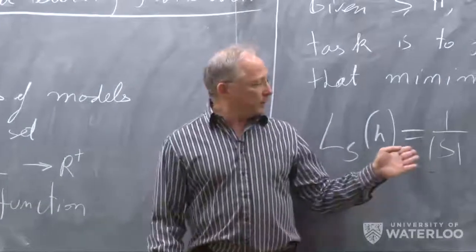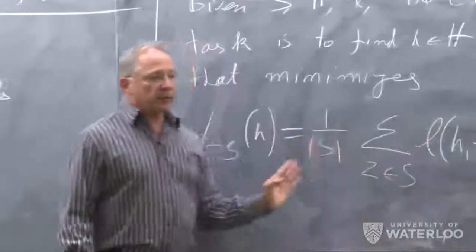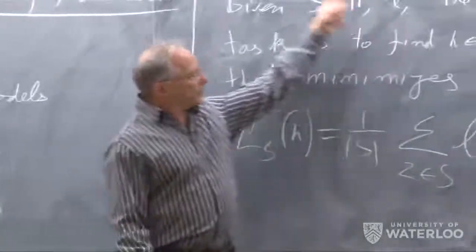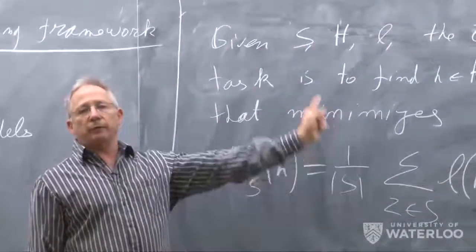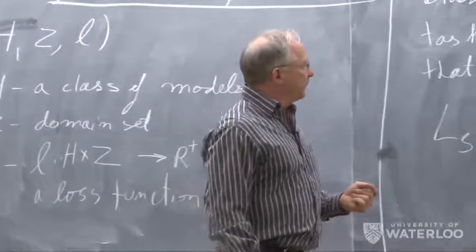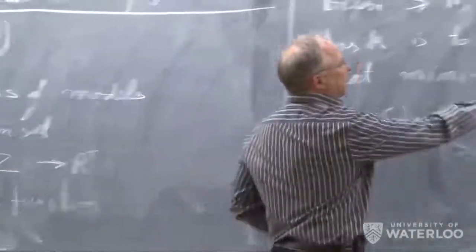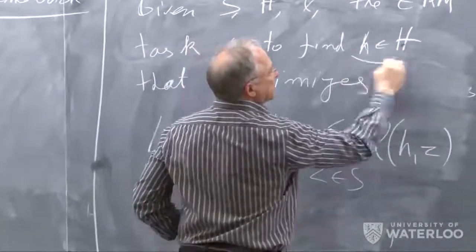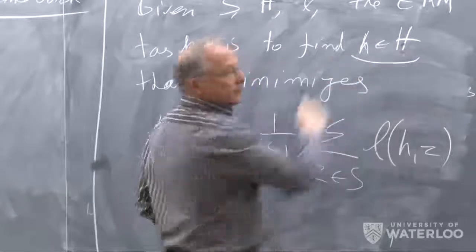And I want to optimize the average loss over the sample. Now, why is this convex? What do I need for this to be a convex optimization problem? First of all, I'm searching for an h in H, so the search is over the space H.